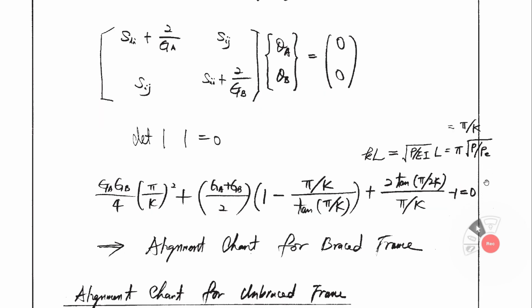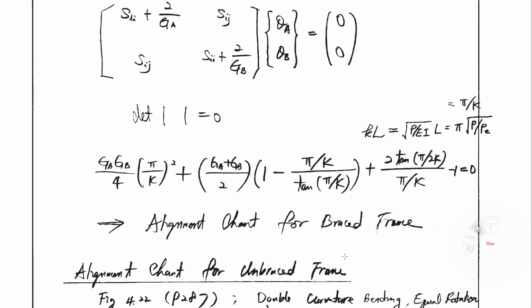By the way, if you use this relationship, you can get this equation. If you investigate this equation, you have GA, GB, and K. So this equation is a function of GA, GB, and K. So if you determine the values of GA and GB, then you can calculate K, the effective length factor.